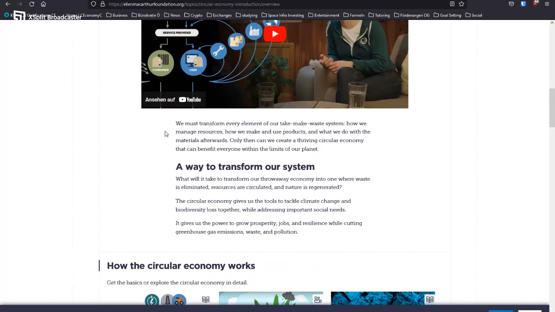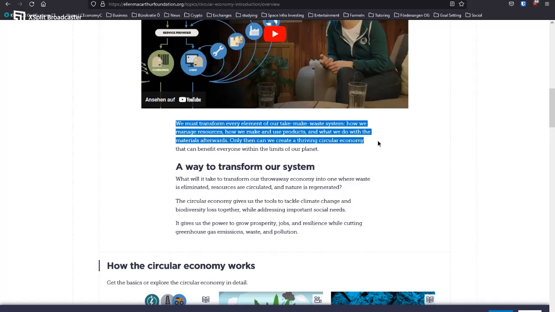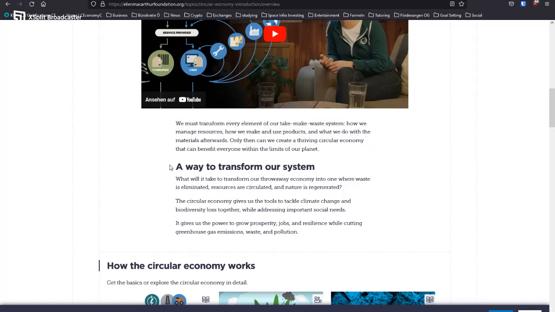I will go through with you the circular economy, the actual loop of the circular economy. We must transform every element of our take-make-waste system. How we manage resources, how we make and use products, and what we do with the materials afterwards. Only then can we create a thriving circular economy that can benefit everyone within the limits of our planet. A way to transform our system.